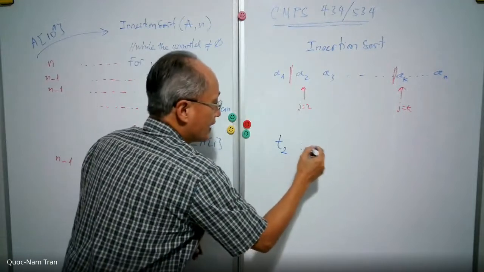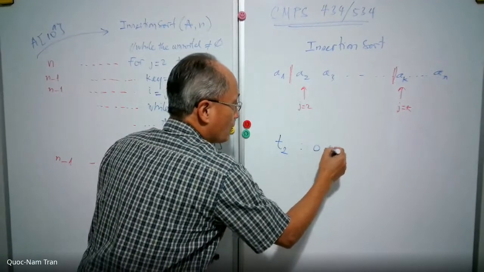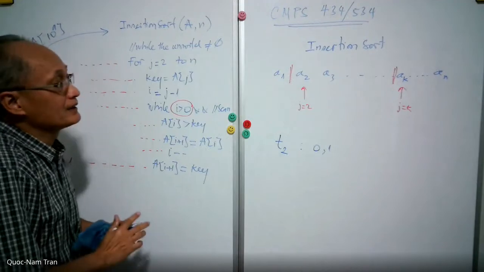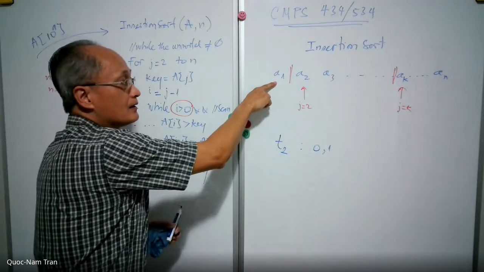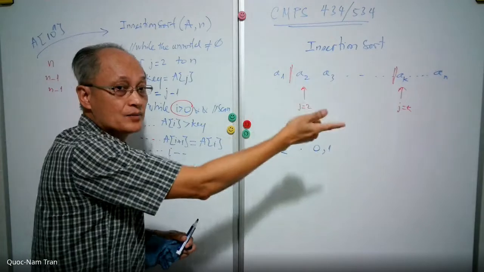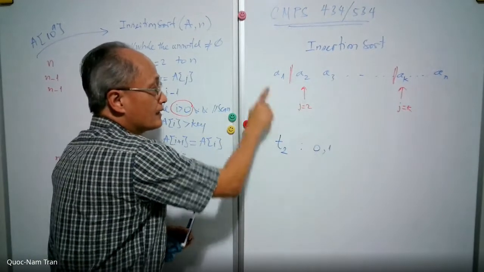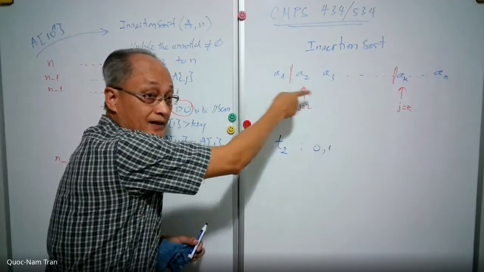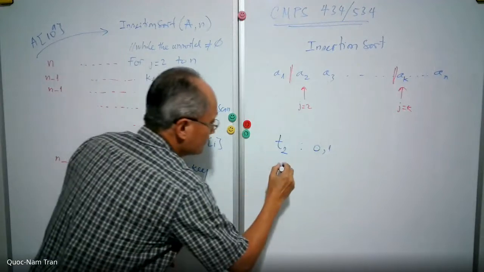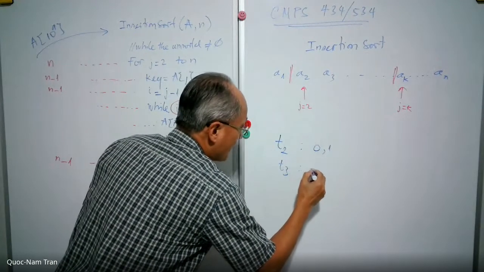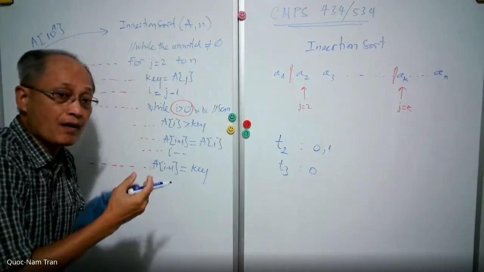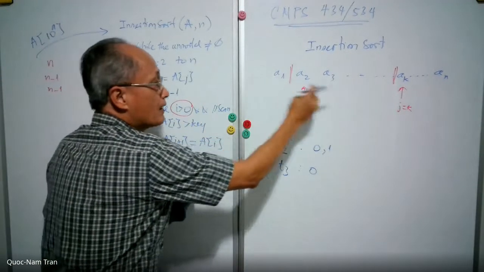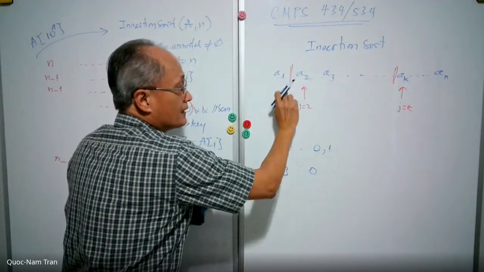T2 can be 0 or 1, right? Meaning A1 just stays, or it has to move 1. Same thing, T3 is the number of values moved when we insert a 3.